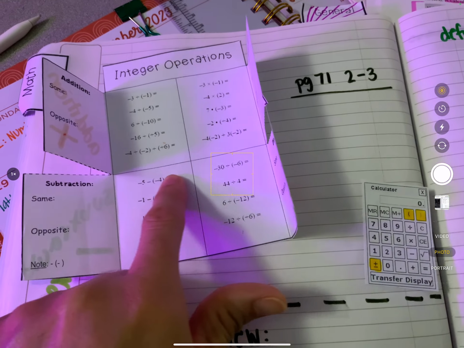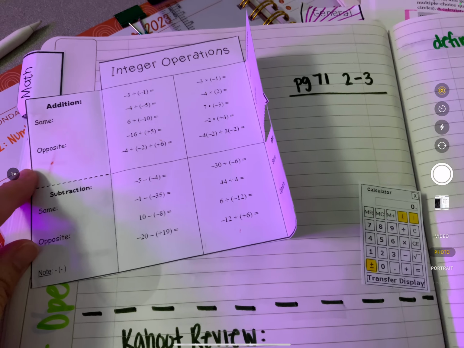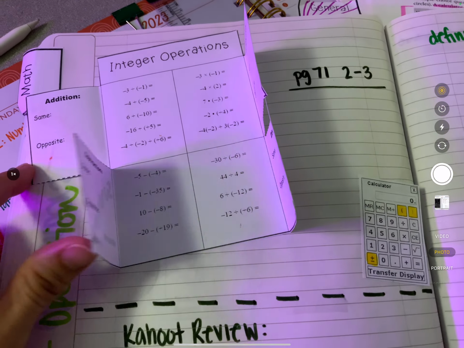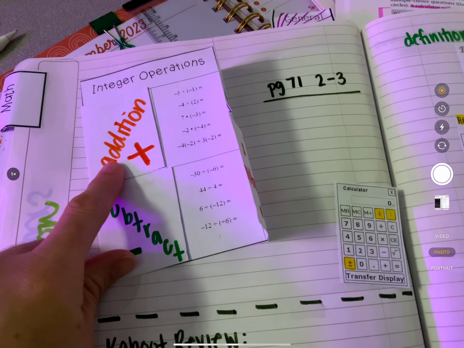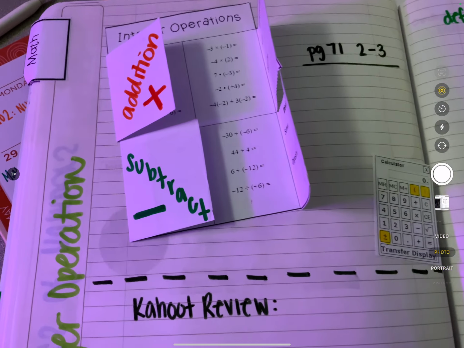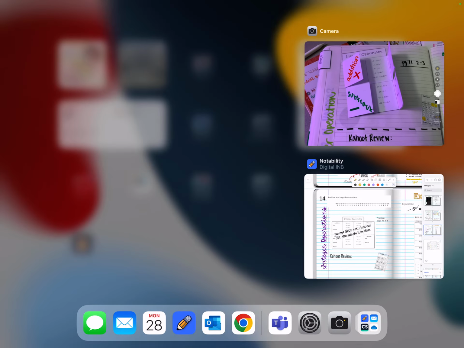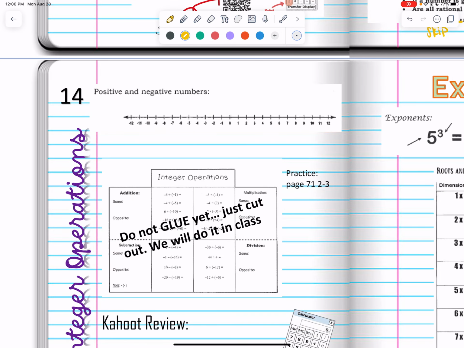Do not cut all the way across, just cut on the dashed line, and now this is going to create some flaps that we can open and close. All right, so I'm going to switch back over and fill in what you're going to write under your tabs.